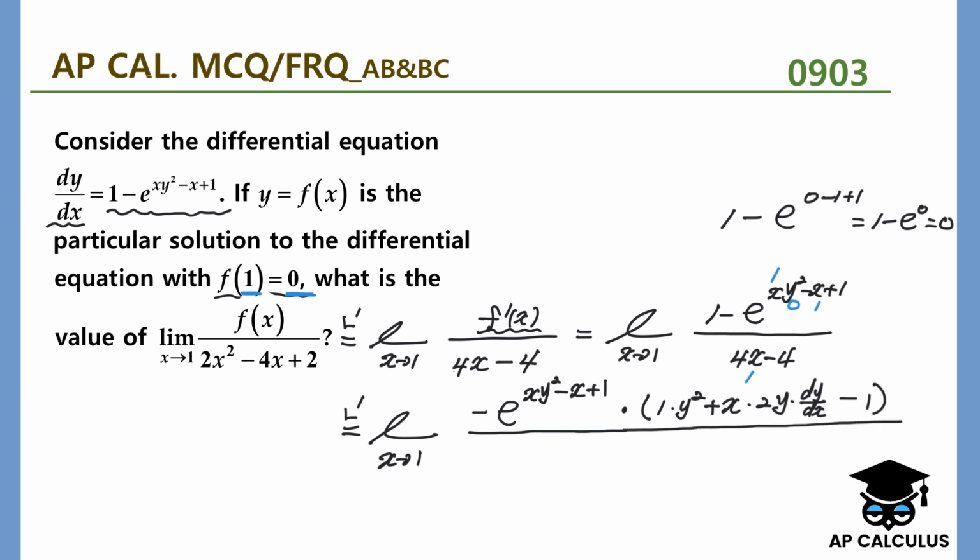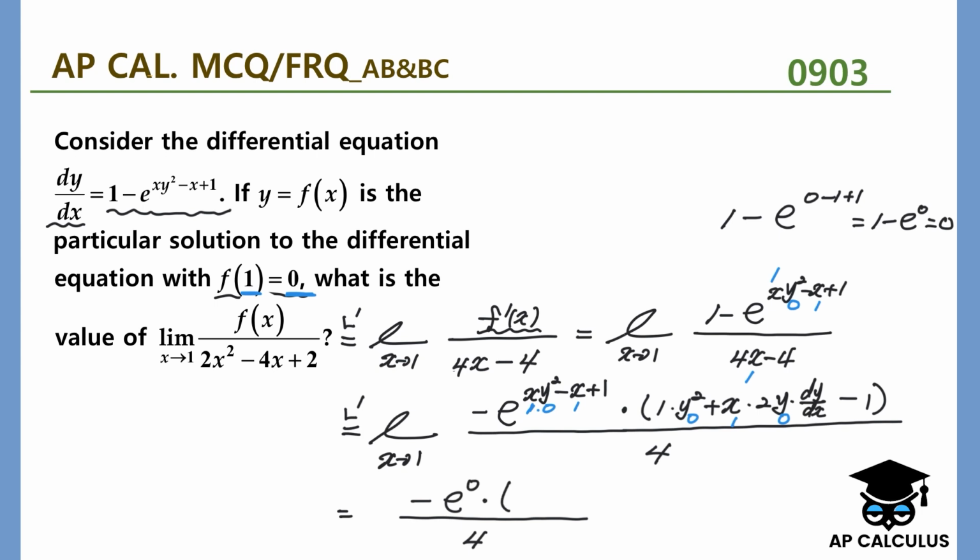Now, the derivative of 4x minus 4 is just 4, right? Now, let's substitute 1 for x and 0 for y. So 1 here, 0 here, 1 here, 0, 1, 0. So that's going to be equal to, the denominator is just 4, and the numerator is negative e to the negative 1 plus 1, 0, right?